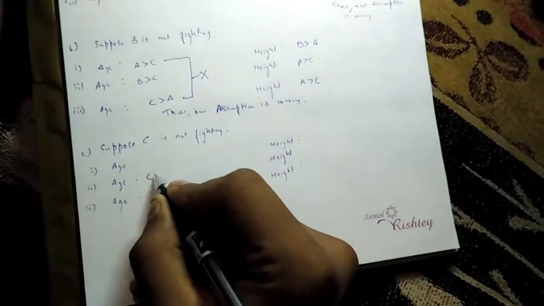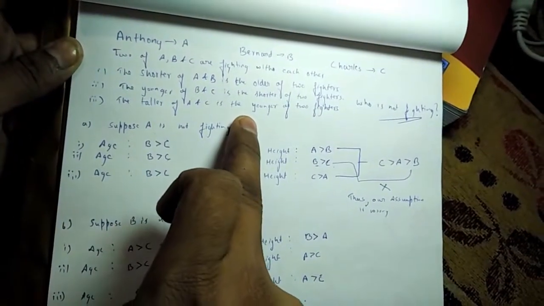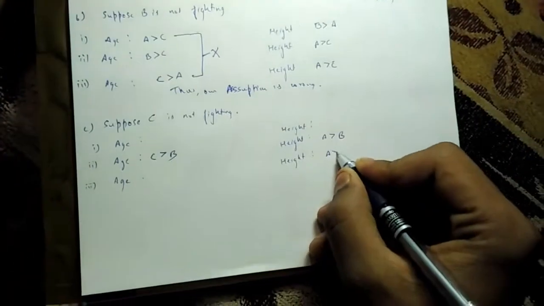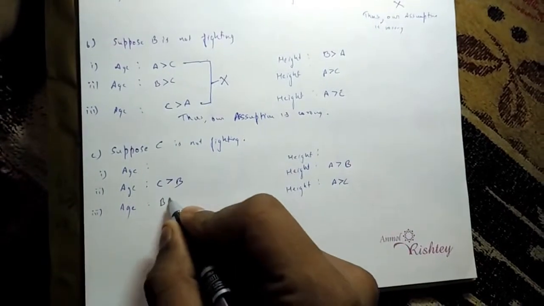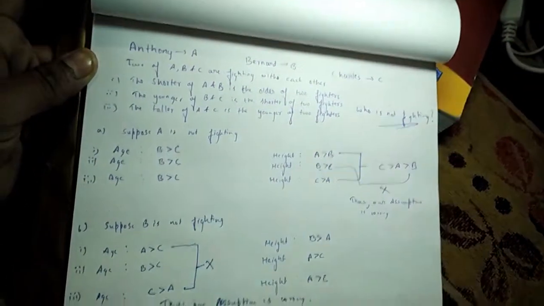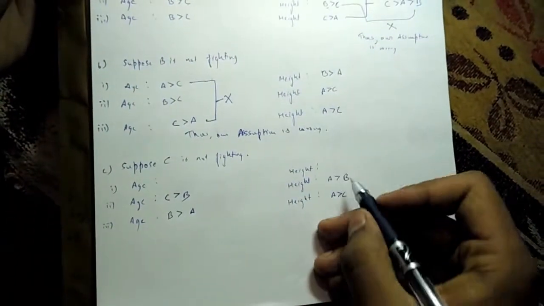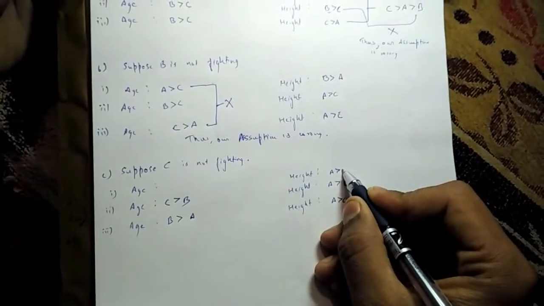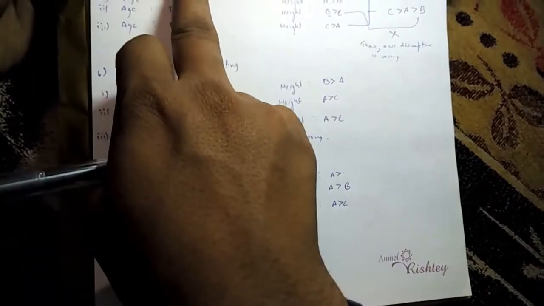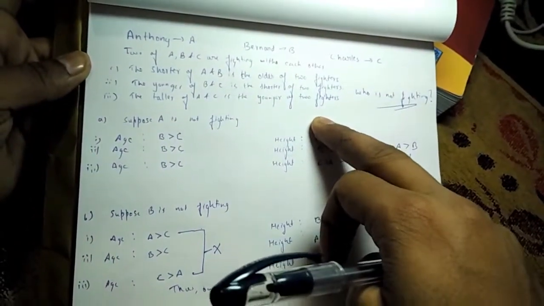This gives us C is greater than B and A is greater than B. Now A is greater than C and B is greater than A. Now the taller of A and C is A, and thus the taller of A and C is the younger of the two fighters.